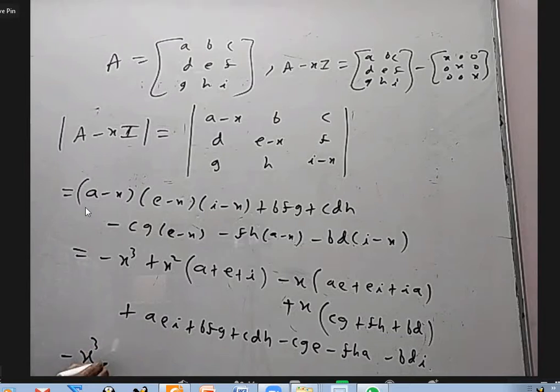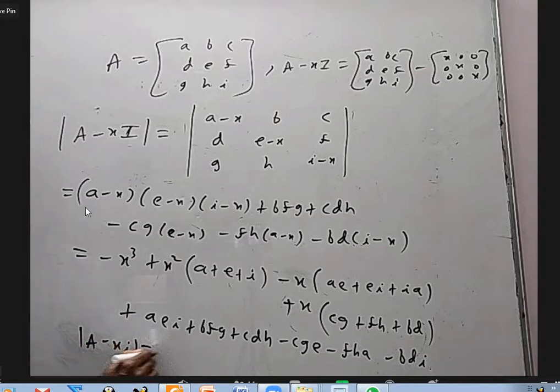Minus X cube, I will take minus common. Let us say I take det of A minus XI equal to 0. What is the equation that I am going to get?